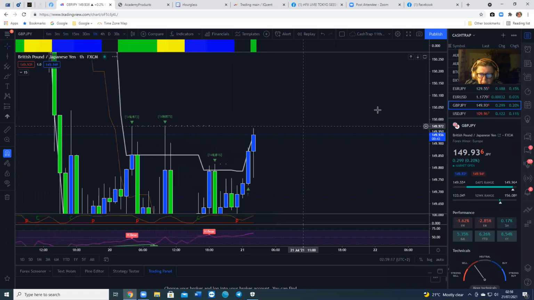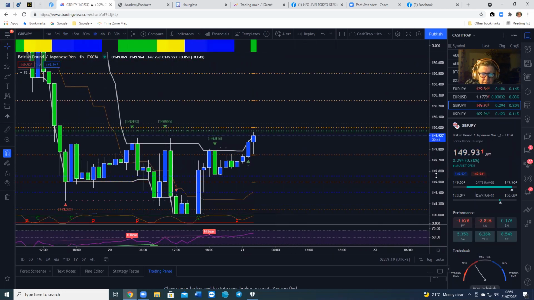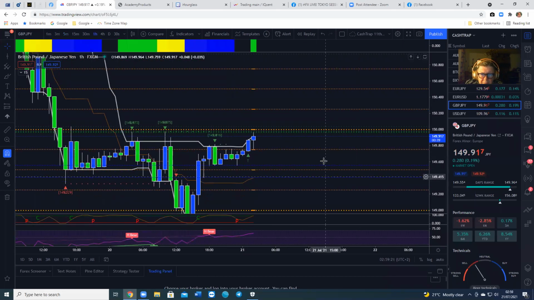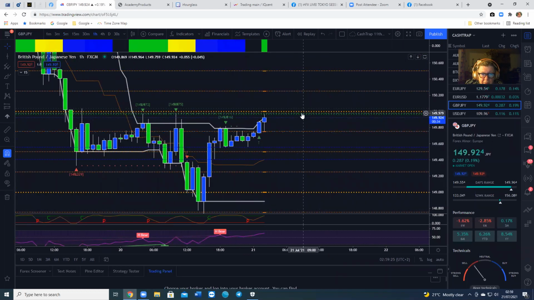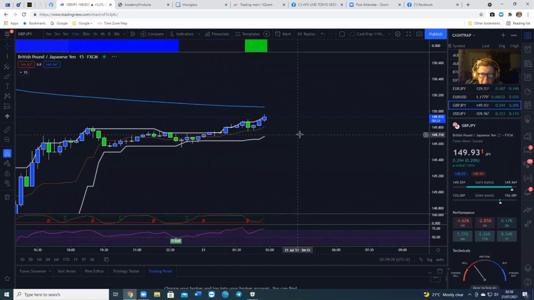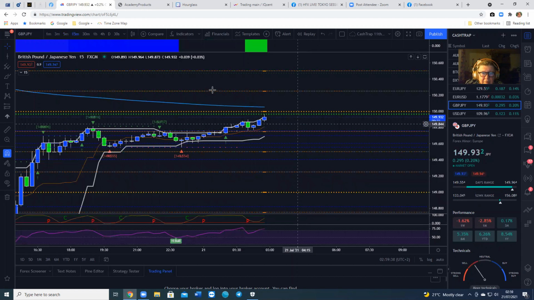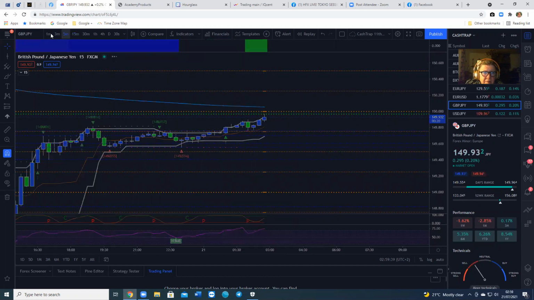Let's have a look at the hourly candle. So it has peaked at that level to push through it there. This is our 15-minute.